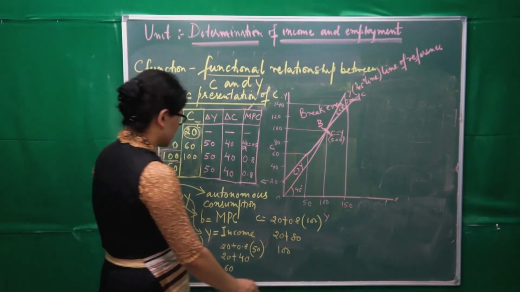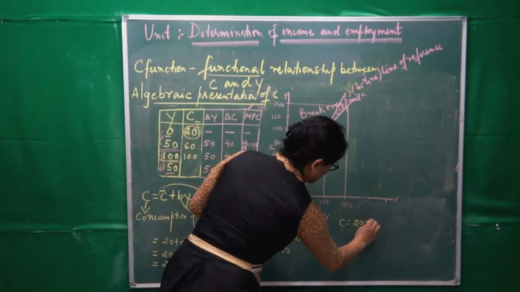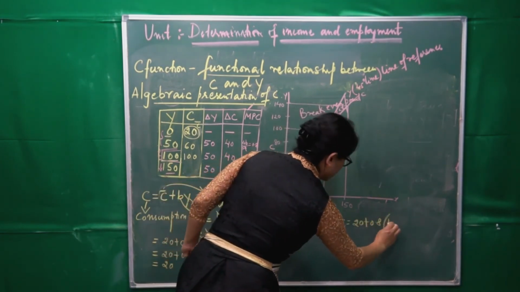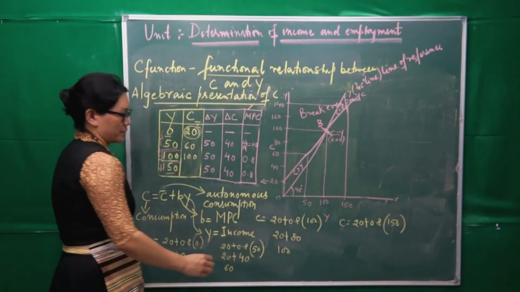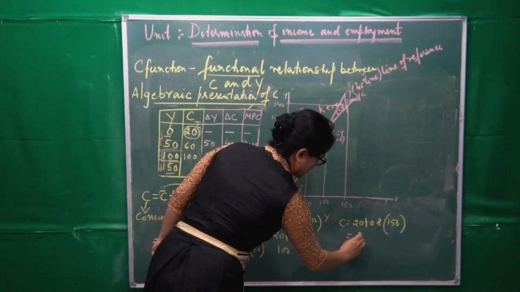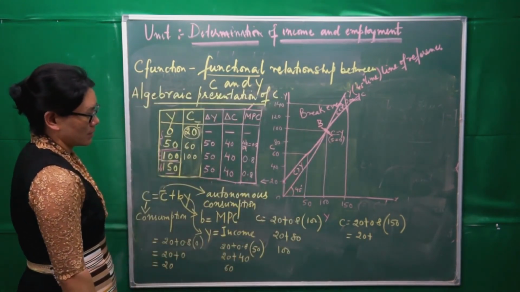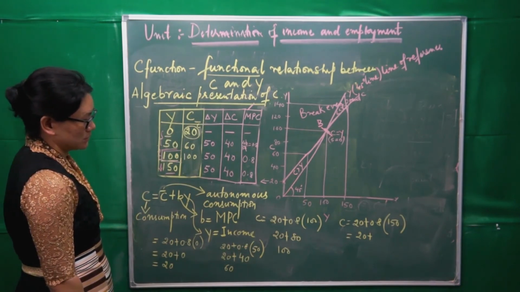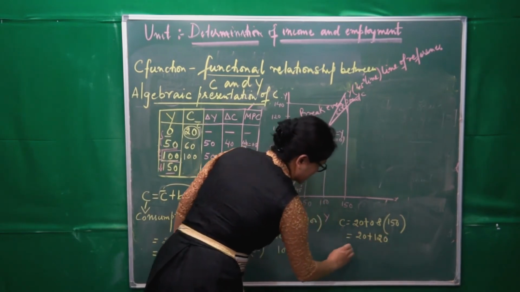Alright, the last one: C is 20 autonomous consumption, plus 0.8. Income is given as how much? 100. 150 here, so it will be 20 plus 120. It has to be 120.